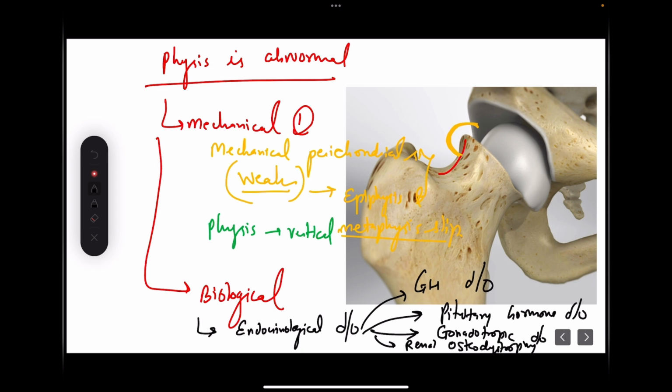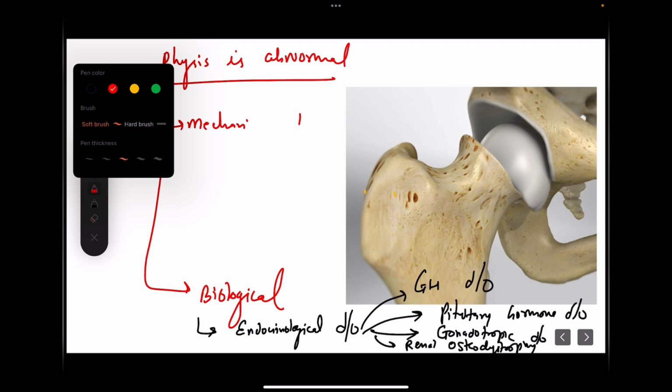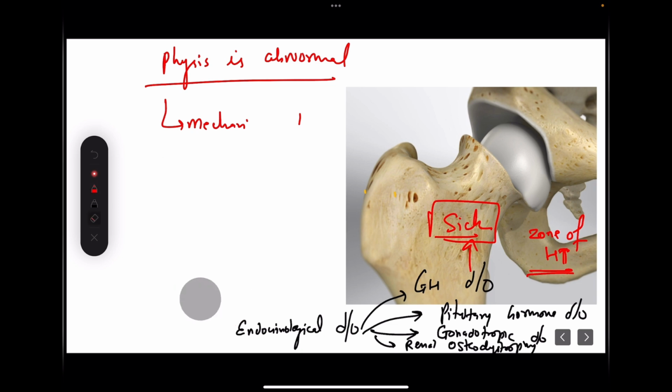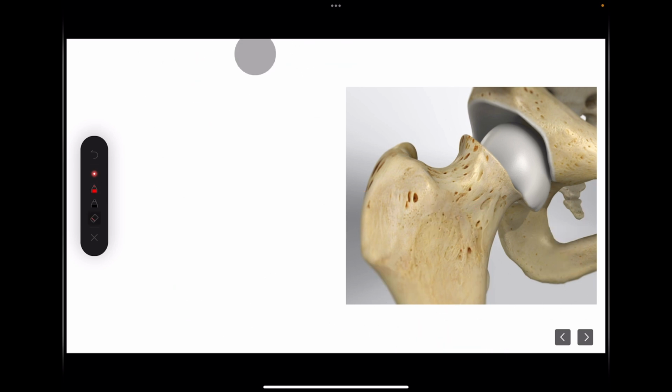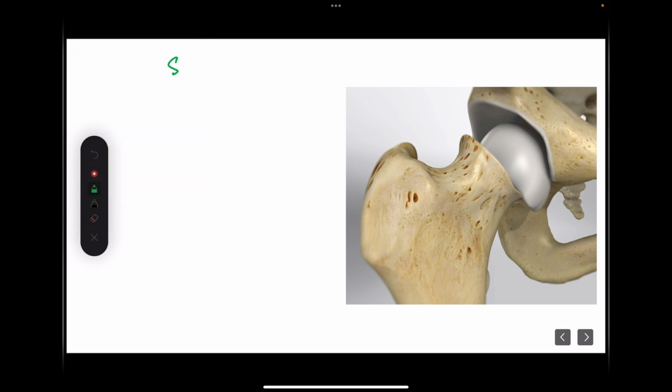In all these conditions, the physis of these patients is not normal, but sick. In all these conditions, the physis can have a tear inside the zone of hypertrophy and the patient can have a slip, that is, slip capito-femoral epiphysis. So one entity we have discussed right now is the site of slip. In SCFE, the site of slip is the zone of hypertrophy.